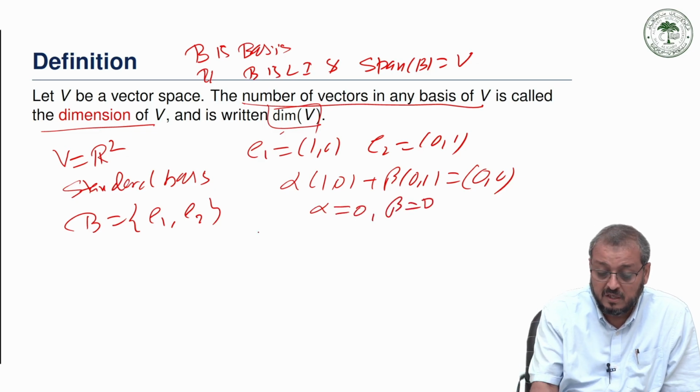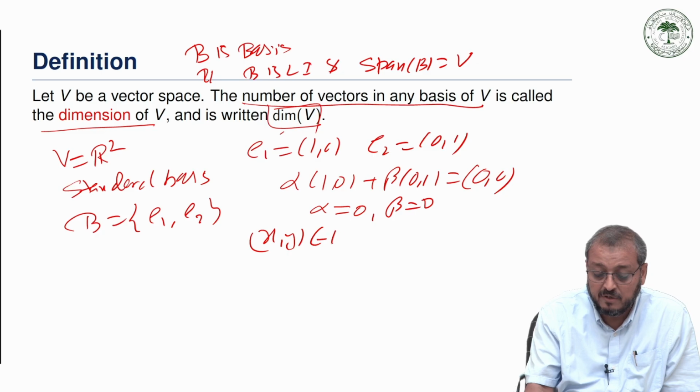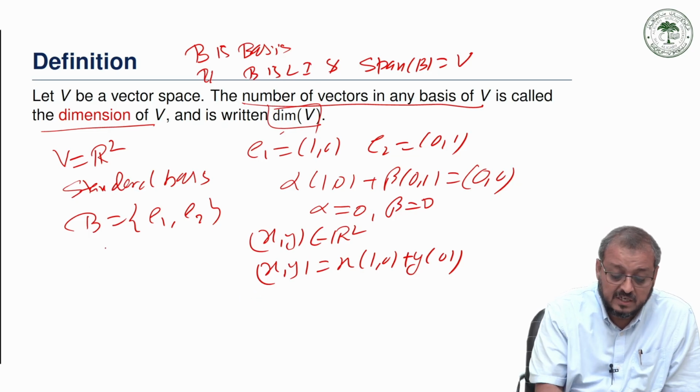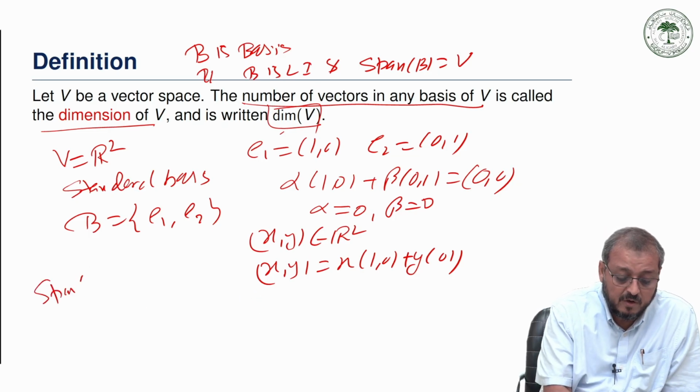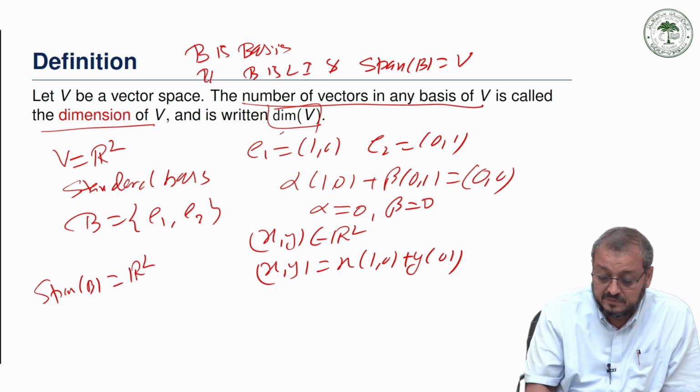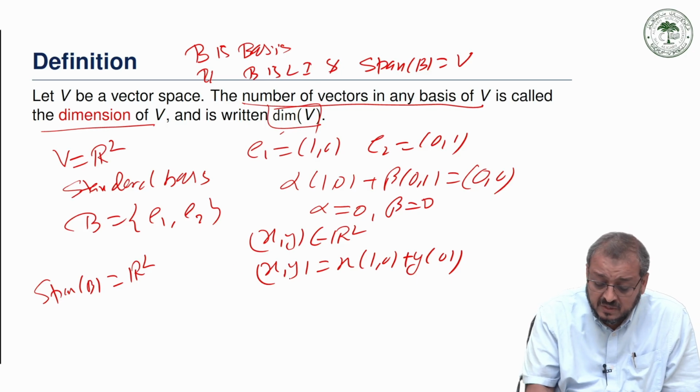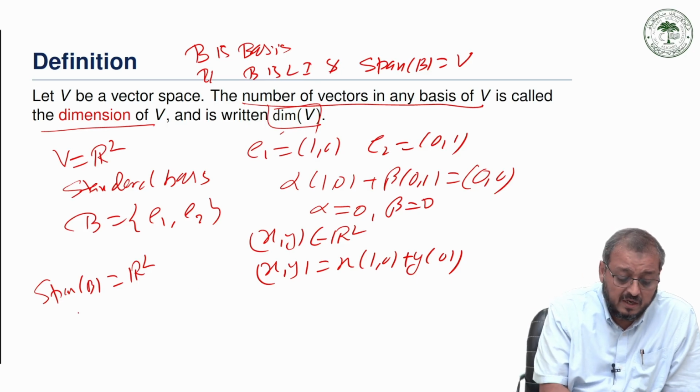Also, if we take (x, y) as any element of R2, then (x, y) can be written as a linear combination of these two elements, x times (1, 0) plus y times (0, 1). So we can say that this set is a basis: the span of B is equal to R2, and B is also linearly independent.